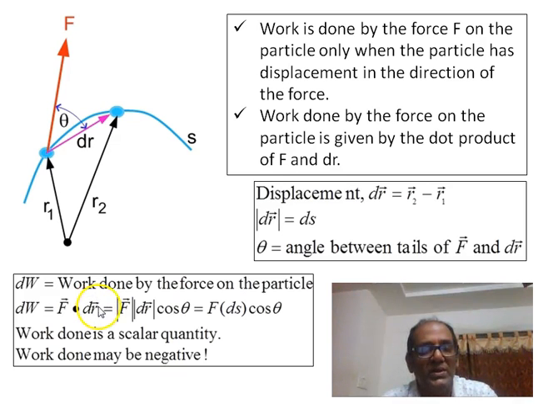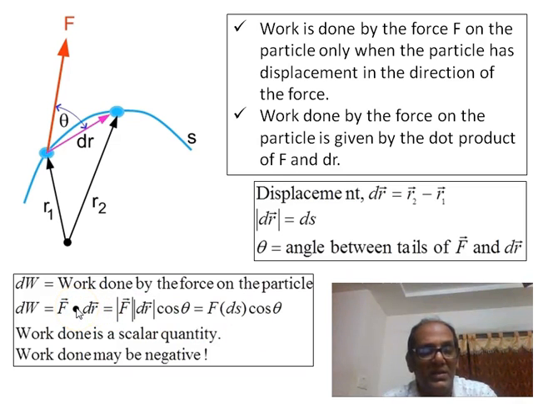We know the dot product is defined as the product of magnitudes of the vectors multiplied by cos of the angle between them, that is magnitude of F bar multiplied by magnitude of dr bar multiplied by cos theta. Because we defined magnitude of dr bar as ds, this comes out to be F ds cos theta.